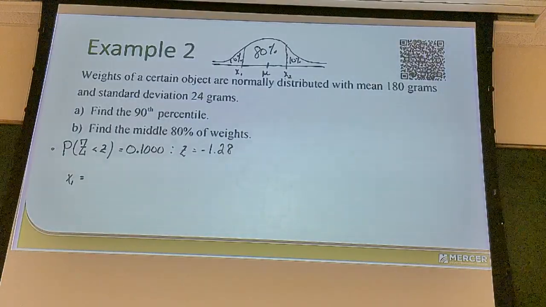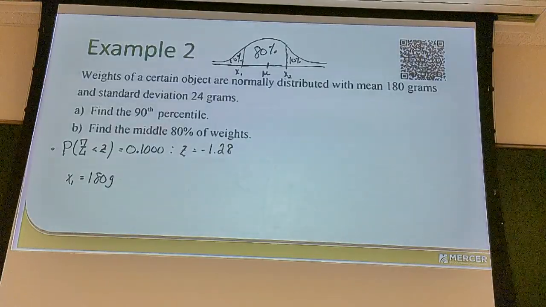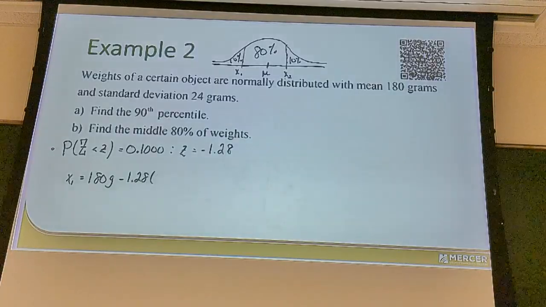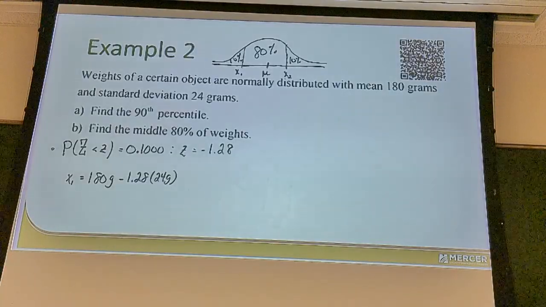So the lower bound for that middle 80% is the mean minus 1.28 times the standard deviation.